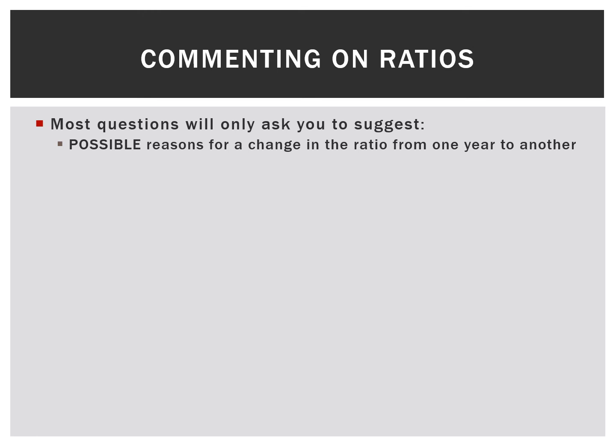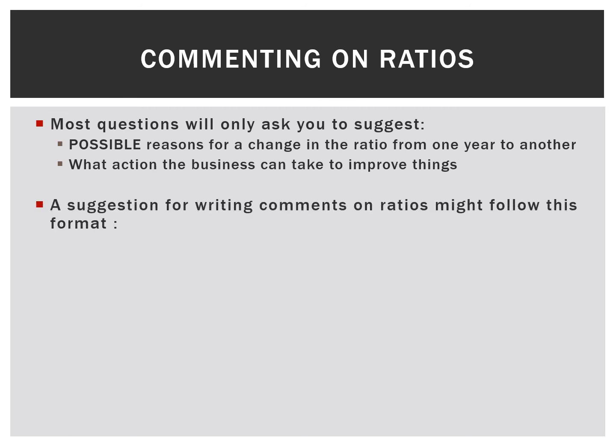Most questions won't give you sufficient information for you to be able to identify the actual reason. Your answer should just make suggestions as to what could possibly have caused a change, and then you'll be expected to say what, if anything, the business needs to do to improve things in later years.